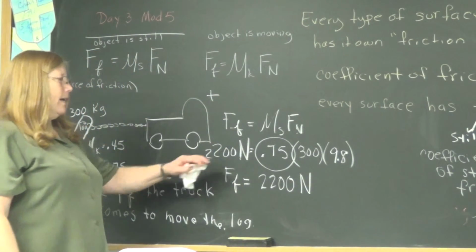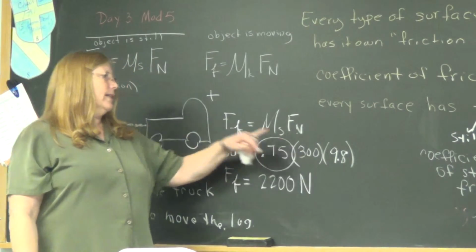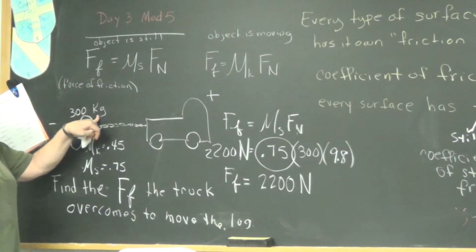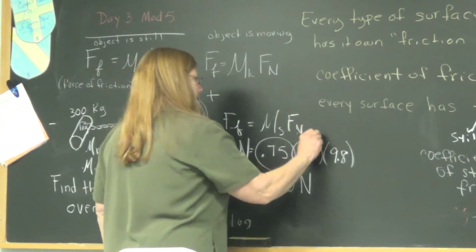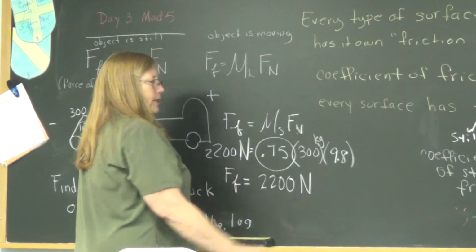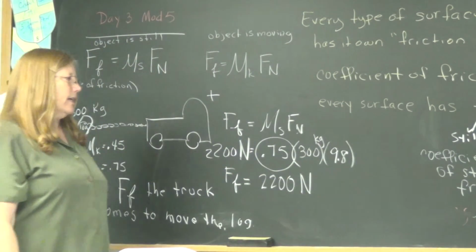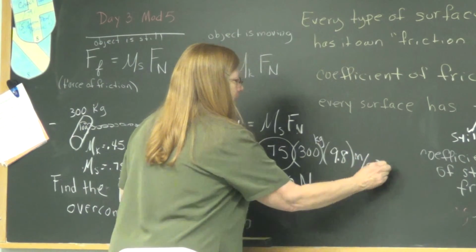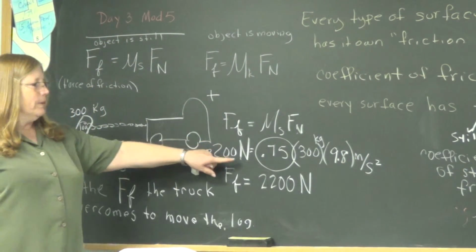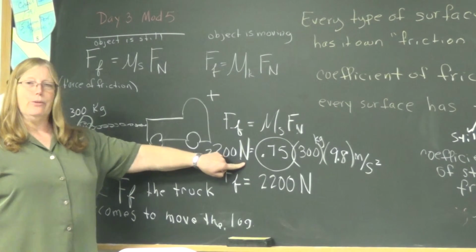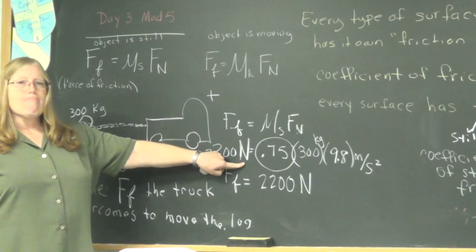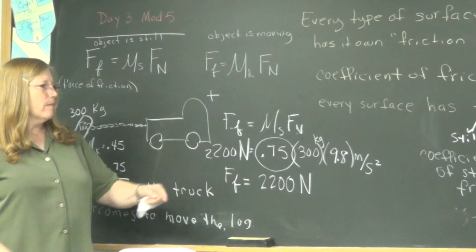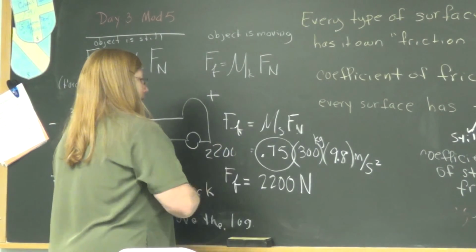Because we know this was in kilograms, I'm going to put in a kilogram. We know the units for acceleration due to gravity are meters per second squared. What was the long version of newton? Do you recall? Kilograms meters per second squared.